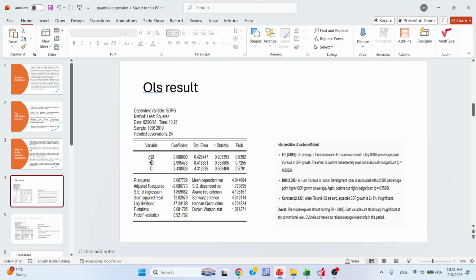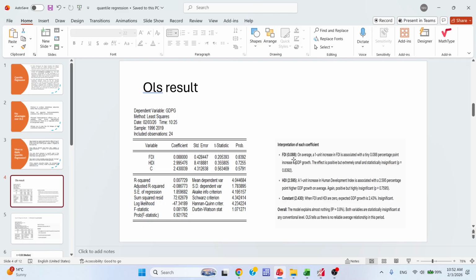Our first independent variable is FDI, and its coefficient sign is positive, so there is a positive relationship between FDI and GDPG. The second independent variable is HDI, its coefficient is also positive, showing a positive relationship with GDPG. Now let's explain the interpretation.